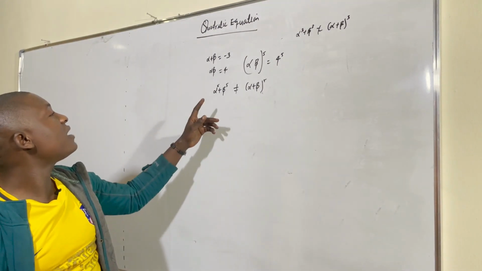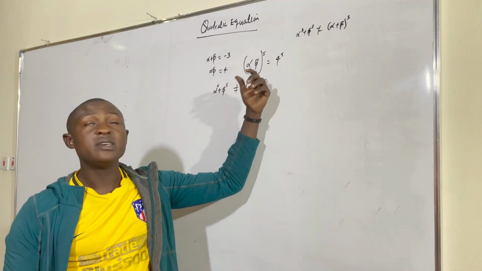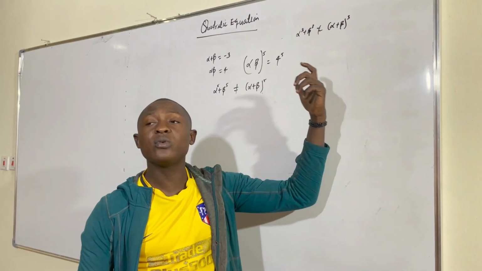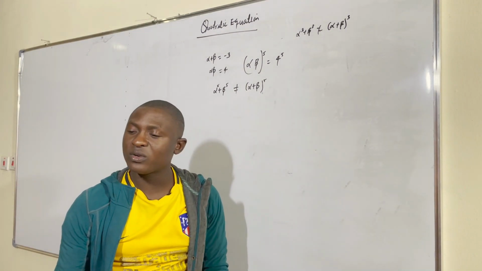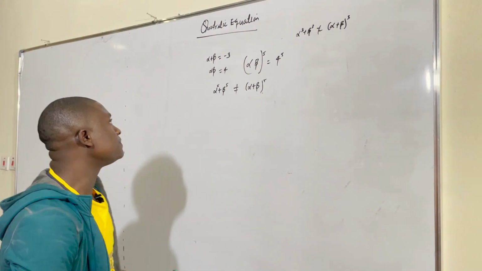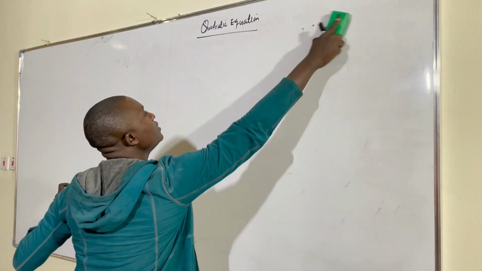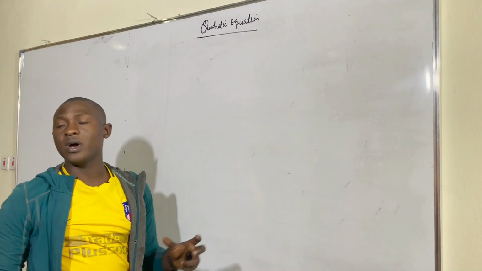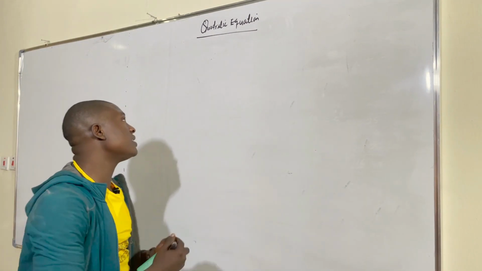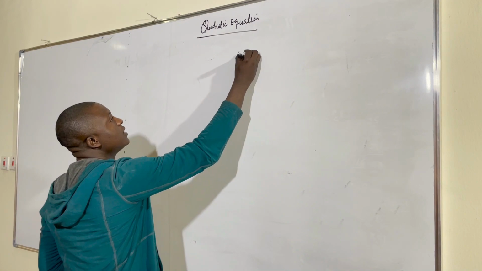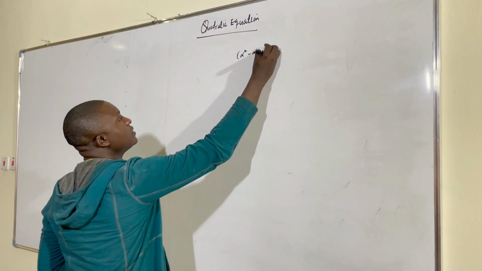So please, if you have alpha cube plus beta cube, it's not the same as alpha plus beta whole cube. It's just how we can play with our expansion. So let's see how we can write a formula for alpha cube plus beta cube. We said that it's the same thing as this one.